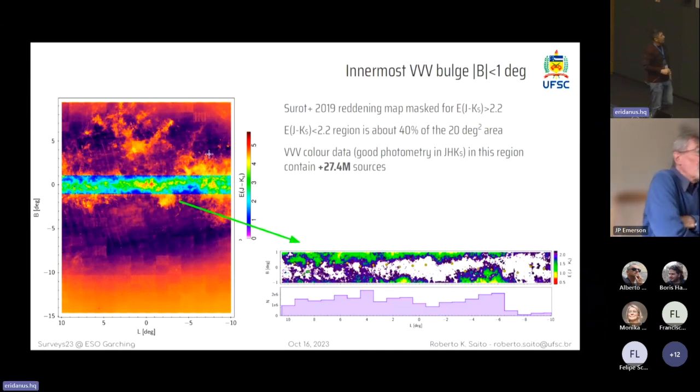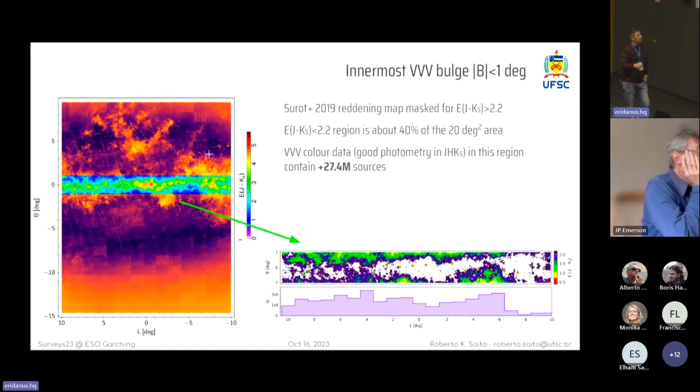And we try to map the red clump stars through all this region, but only for the cleaner regions. So we looked at the Francisco Surot maps, and we masked all the regions with E(G minus Ks), the excess of G minus Ks color, larger than 2.2.